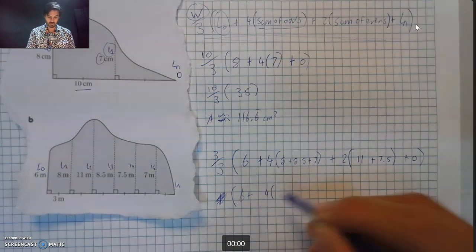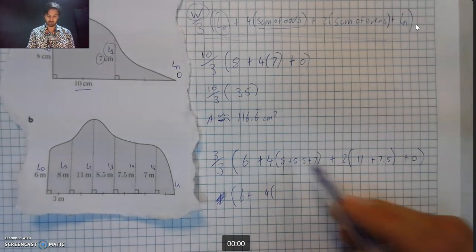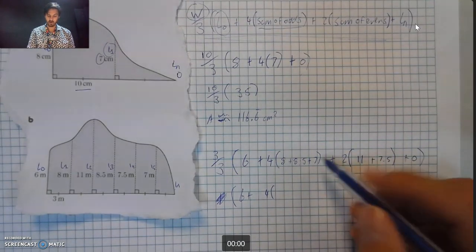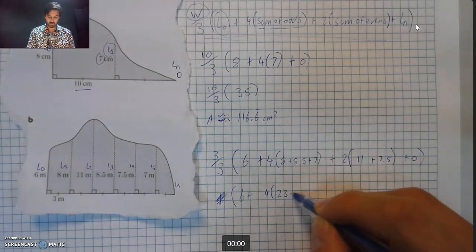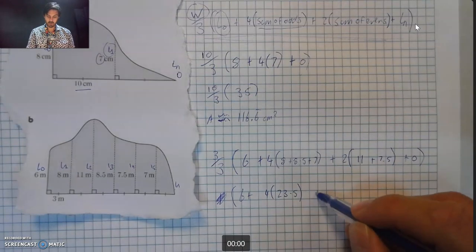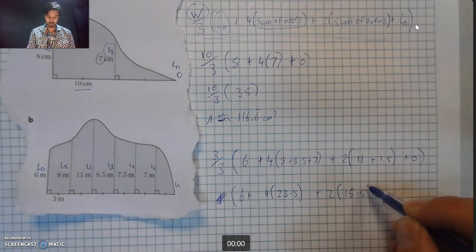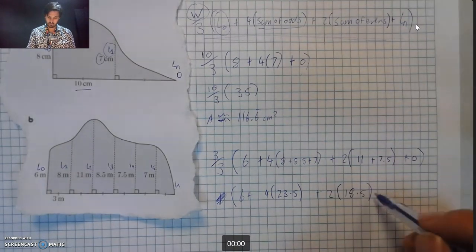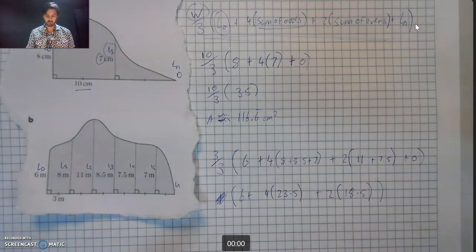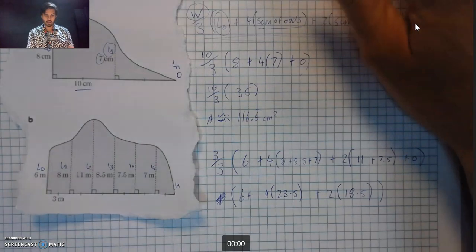Actually, we'll do that. 8 plus 8.5 is 16.5, plus 7 is 23.5. Okay, plus 2 times 18.5. And we're going to leave out the 0 this time because we don't need it. Plus 0 is just not going to get us anywhere.